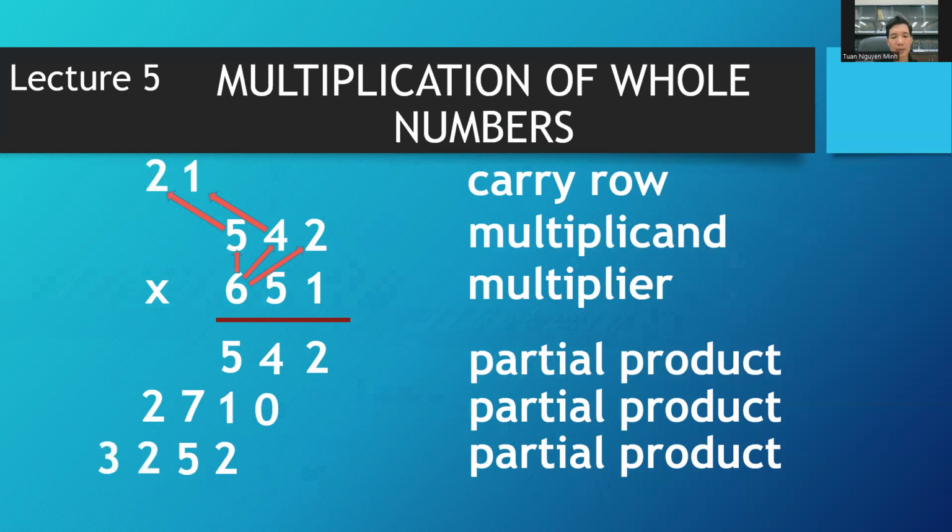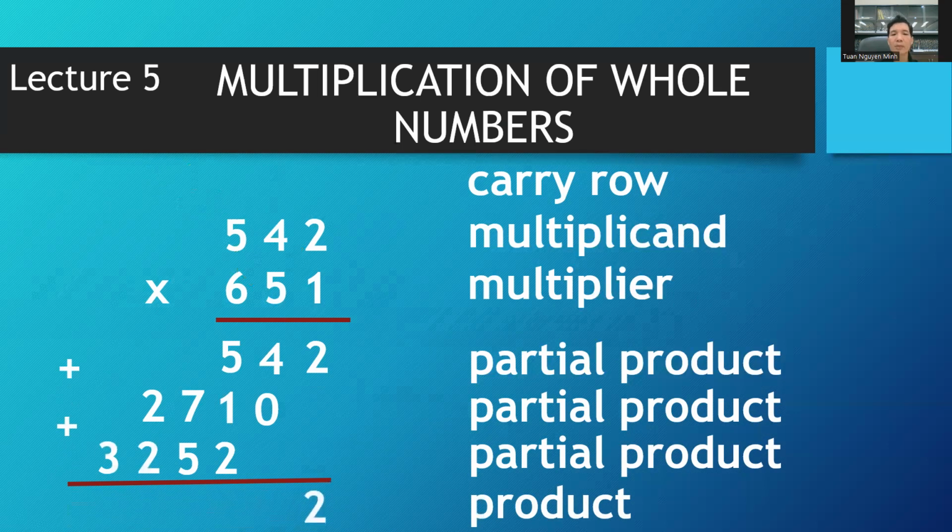And finally, you find the product of the multiplication. So add these 3 rows here. For the last product, you add vertically the numbers in the same column. 2 write down here. And next column is 4.